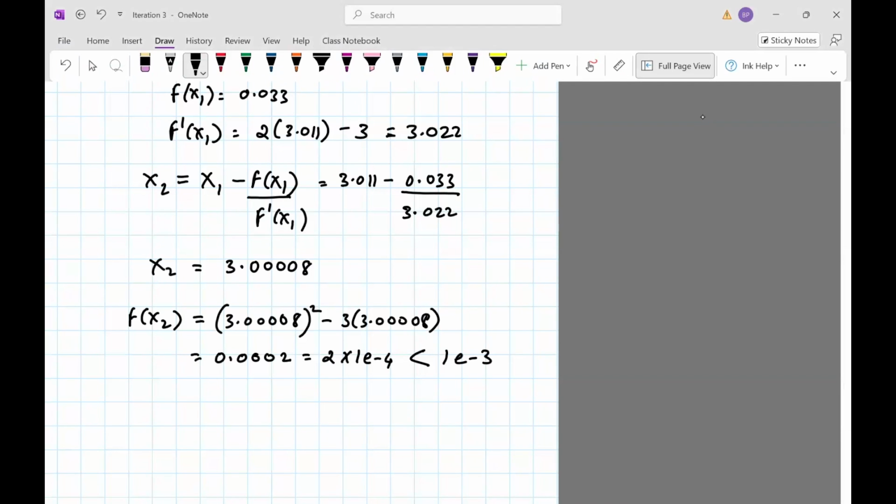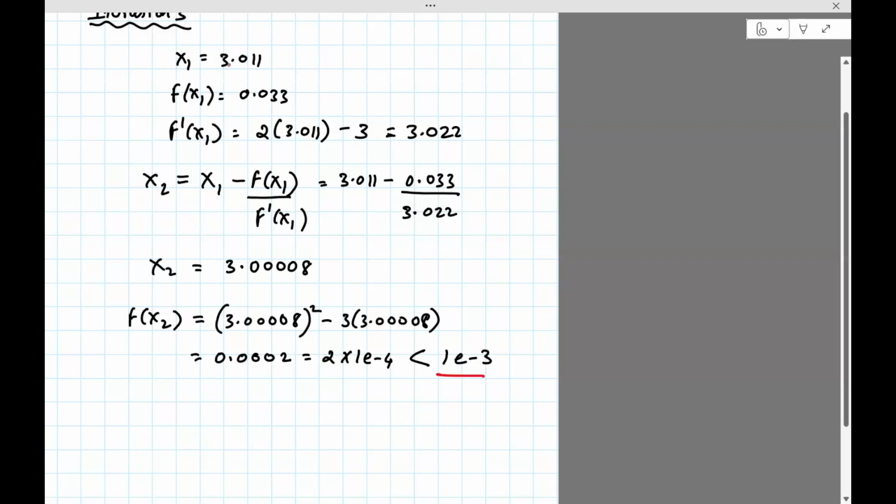Okay, so what we've seen here is this method actually converged in just 3 iterations. And we could actually find the solution by hand. Just 3 iterations compared to 11 iterations for bisection and 8 iterations for regular falsi.